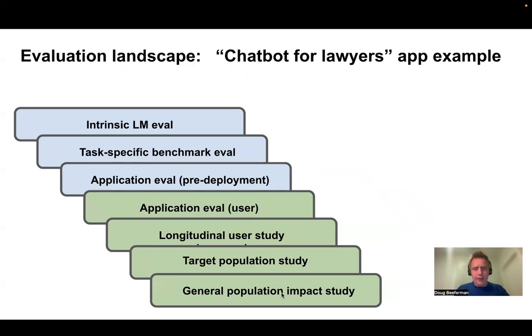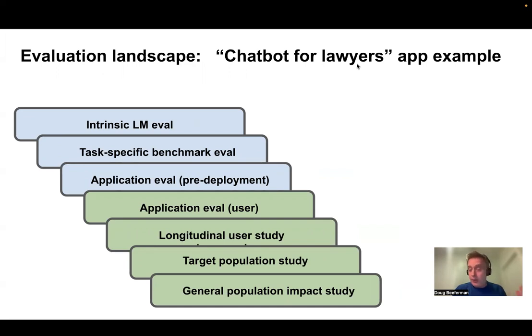I'm going to motivate these different scopes with a hypothetical application. Actually, probably more than a hypothetical application at this point, because I'm sure that someone's created a chatbot for lawyers already. But suppose we have a chatbot for lawyers.